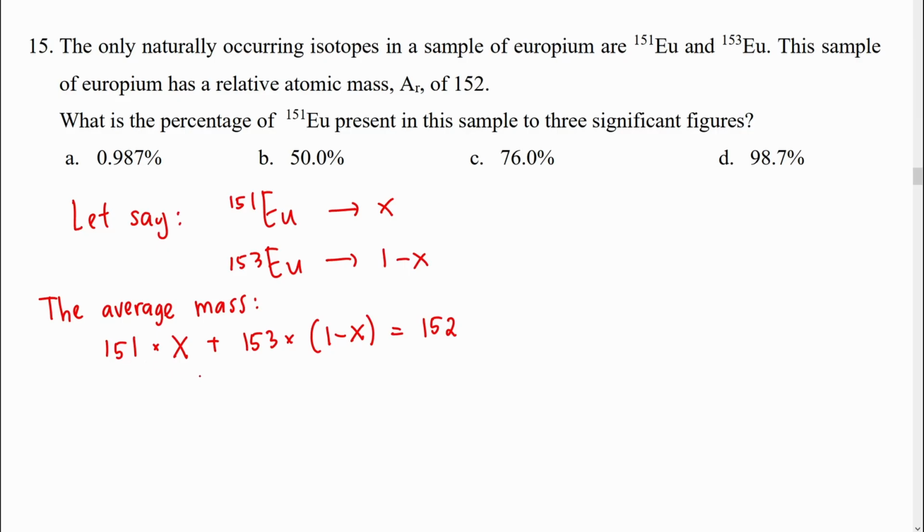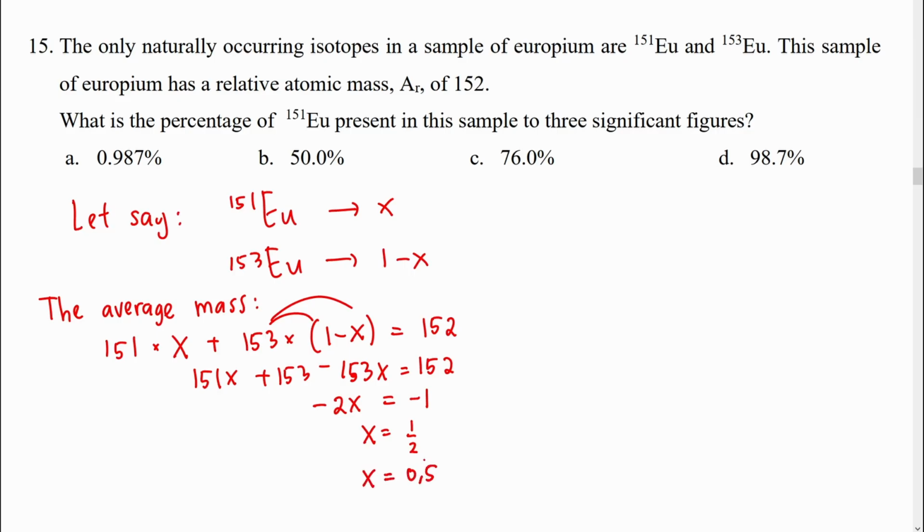So 151 times X is 151X plus, you times it inside here, it's going to be 153 minus 153X equals to 152. So minus 2X equals to minus 1. So X equals to minus 1 divided by minus 2 is going to be half, right? So X equals to 0.5. So in percentage, this is going to be 0.5 times 100%, so equals to 50%, right?